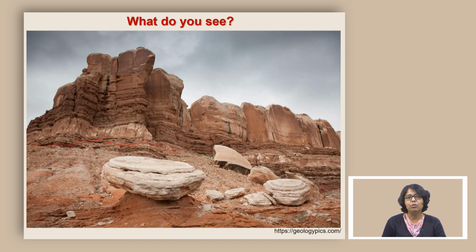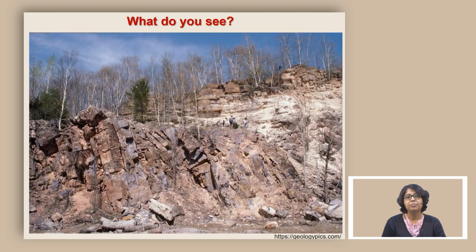Now, let us take a look at another picture, and this picture looks like this. What is interesting in this picture is that you will see rocks again, but these rocks are slightly differently oriented. You will see that the patterns of these rocks are somewhat like this, but the rocks at the top are arranged in some fashion like this.